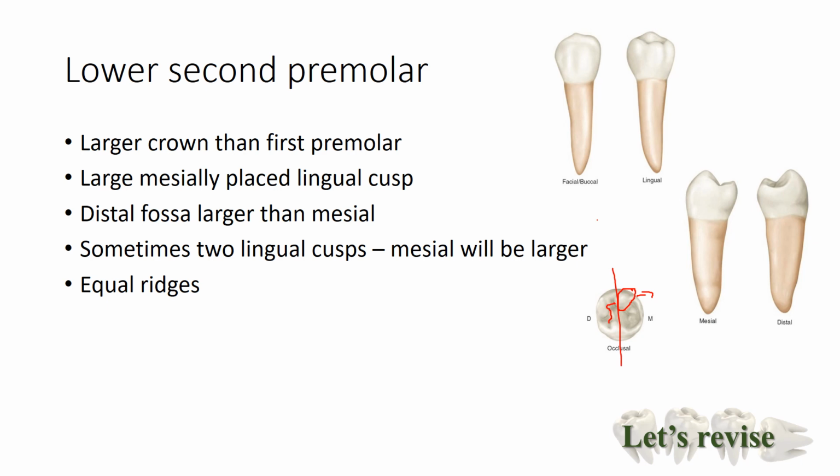And so if you did have a distal cusp, it would be very small, whereas this is more like an edge. So that's what you're kind of looking for here, is does this have a lingual cusp? It might have two. If it has two, then the mesial is going to be the larger, and it's going to be mesially placed, and that's going to help you get them the correct way round.